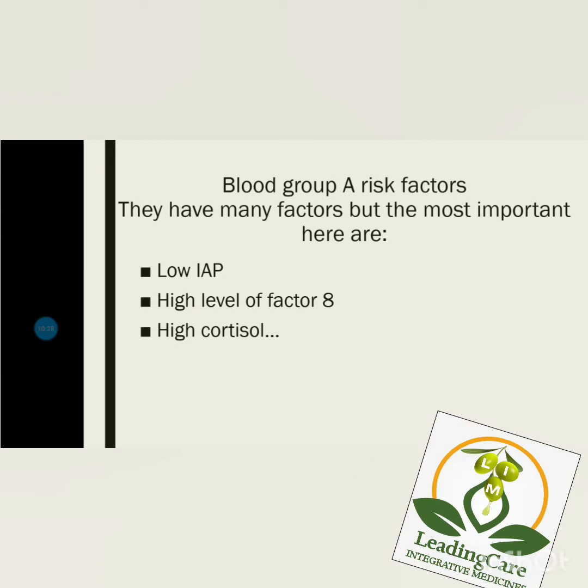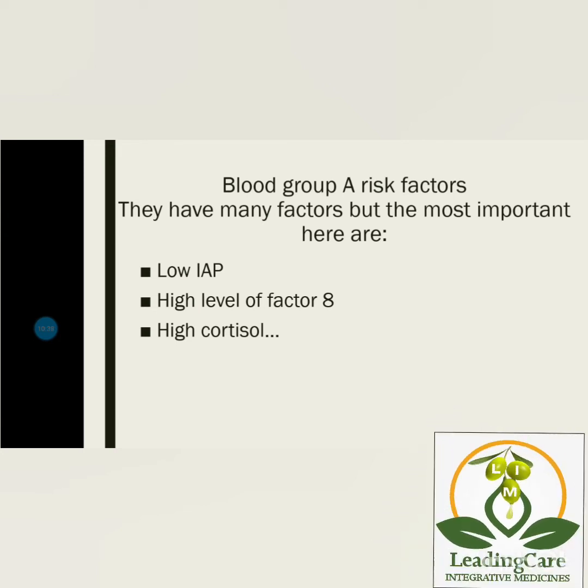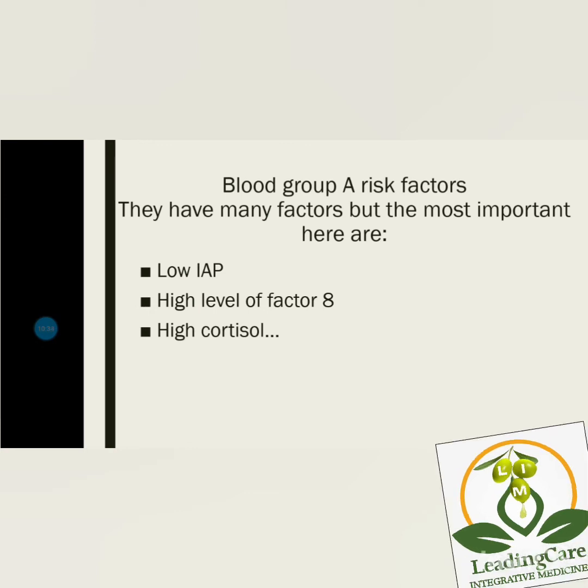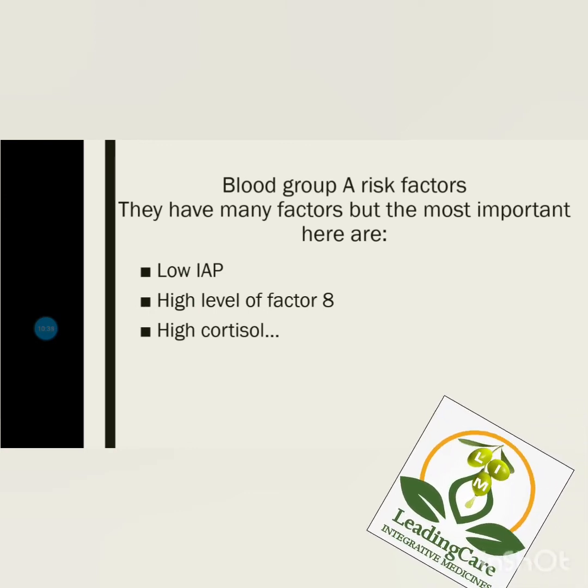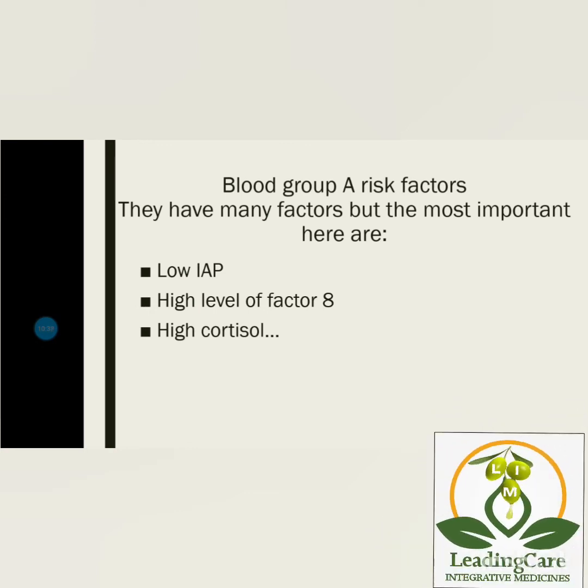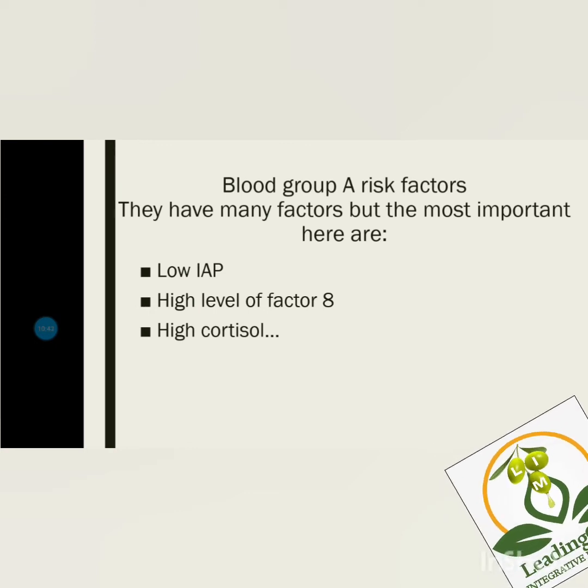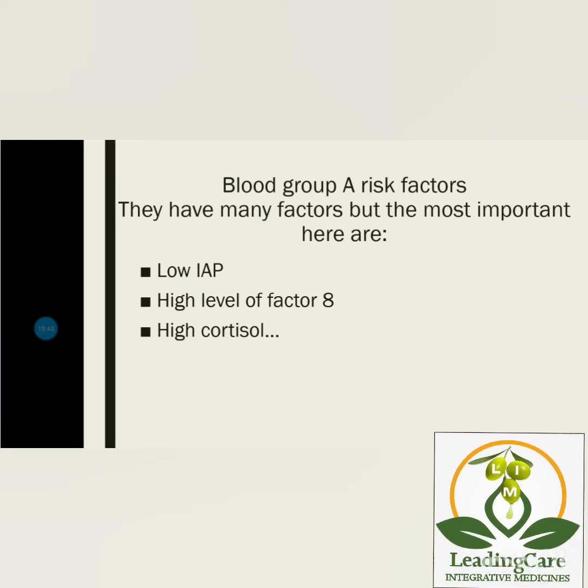But also, they have some foods, not only them, all the blood groups have prescribed foods to eat to prevent, cure, and get rid of their hypertension, taking care of their blood vessels.